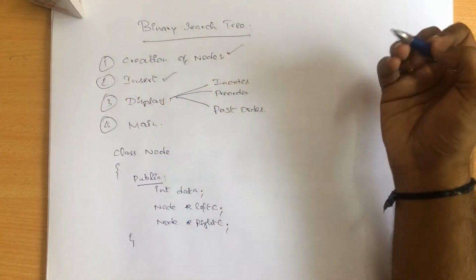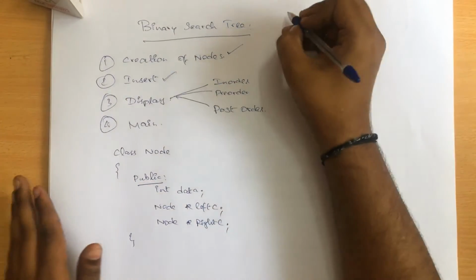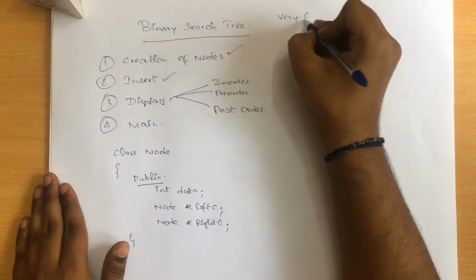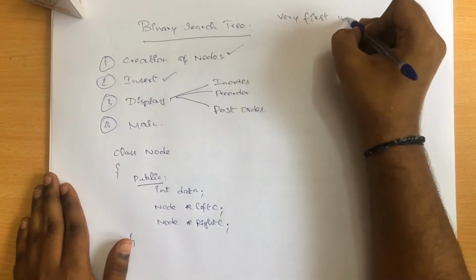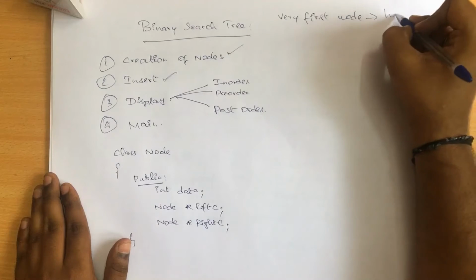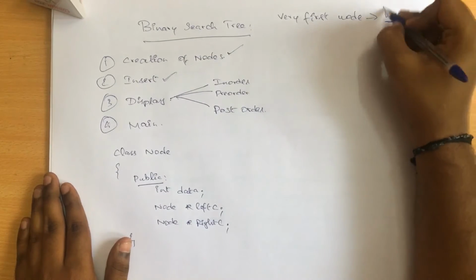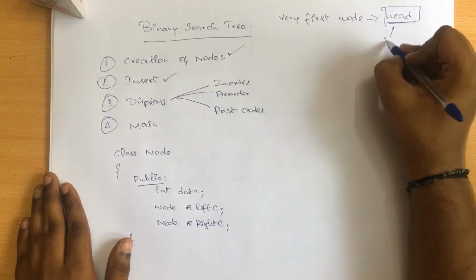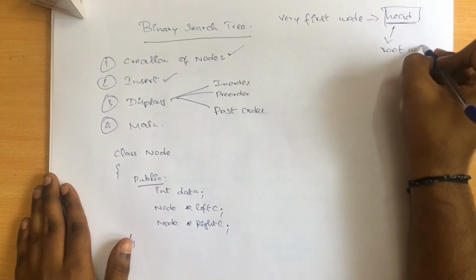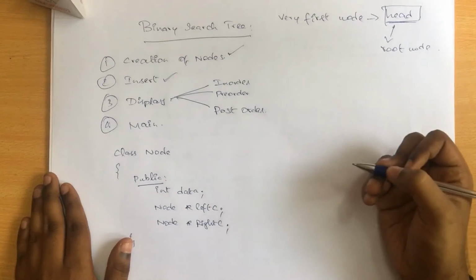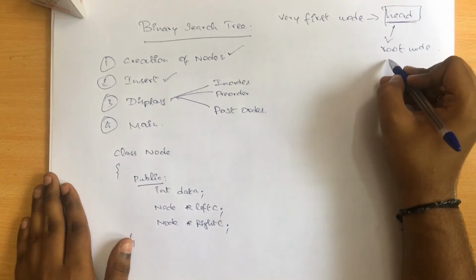Whenever I'm going to consider a tree, the very first node will be held in the head node, or the head block, and this is nothing but your root node. Whenever you insert a new node, I'll check whether it is less than or greater than.